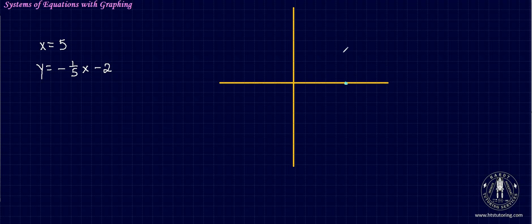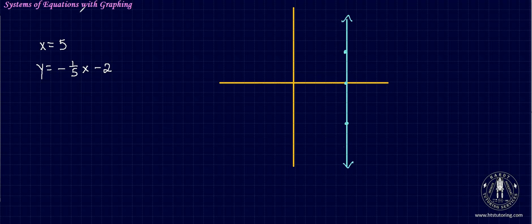So x equals 5 there. And what's another point where x equals 5? Well, we could have 5, comma 3. Or we could have 5, comma negative 4. Either way, x equals 5 at all those points. So that is the line x equals 5. So we'll draw our line here. All right, so we have x equals 5 there.